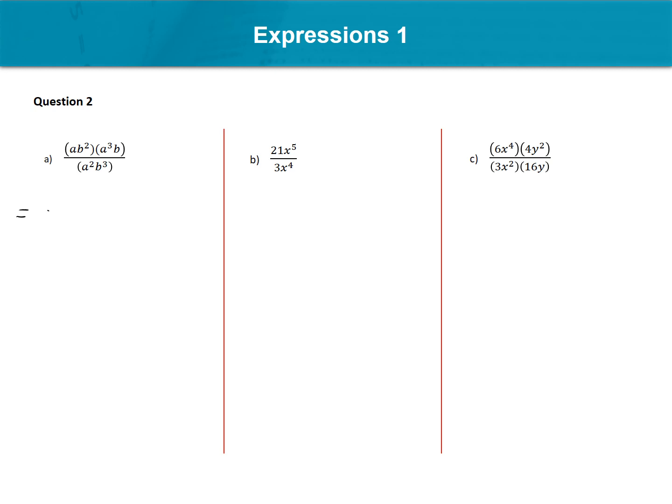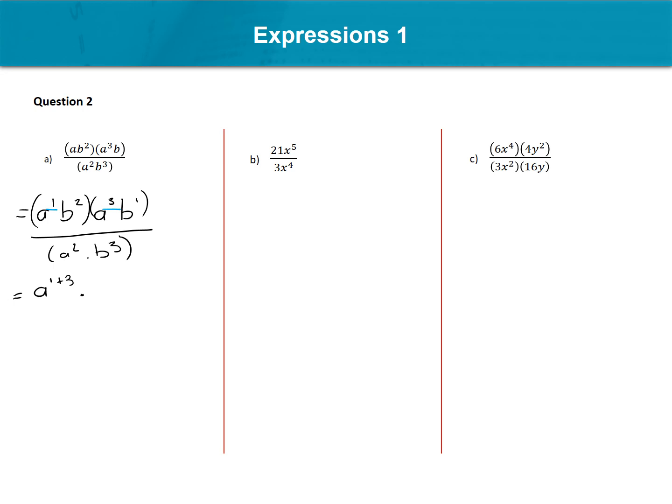So we have a to the power of 1, and we have b to the power 2, and we have a cubed and b to the power of 1, all over a squared b cubed. So when we're going to be adding these, we're going to say a to the power of 1 plus 3, because we're adding that one and that one.